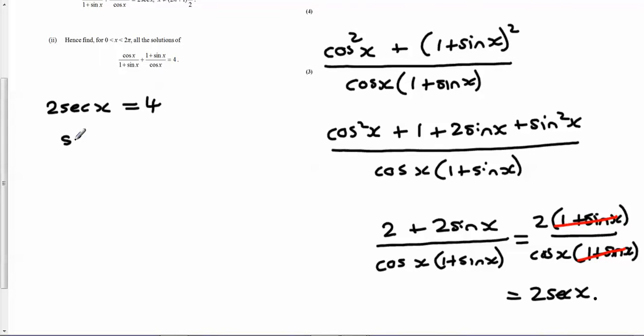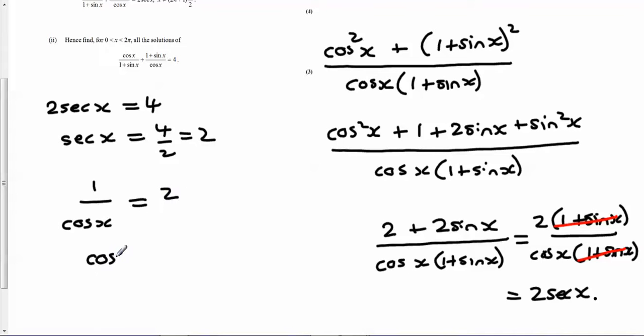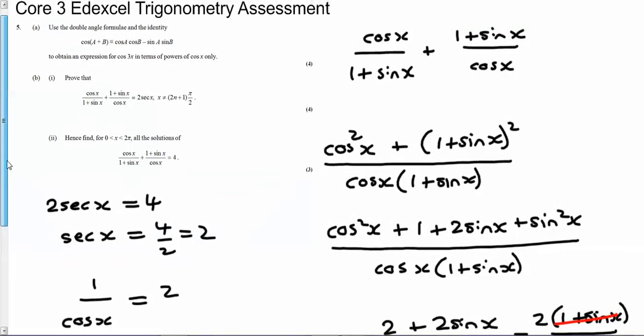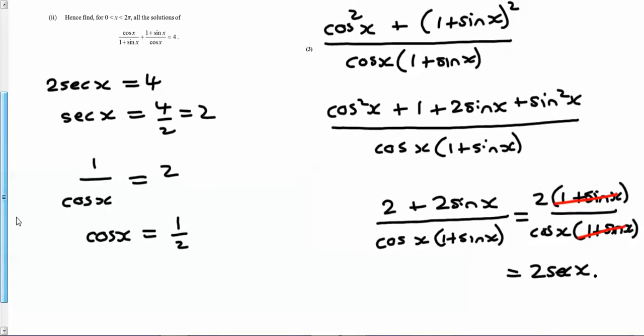If we divide by 2, then we've got sec x is equal to 4 over 2, or 2, and then we know that that's the same as 1 over cos x, and that's equal to 2, sorry, getting slightly ahead of myself, which means that cos x must be a half.